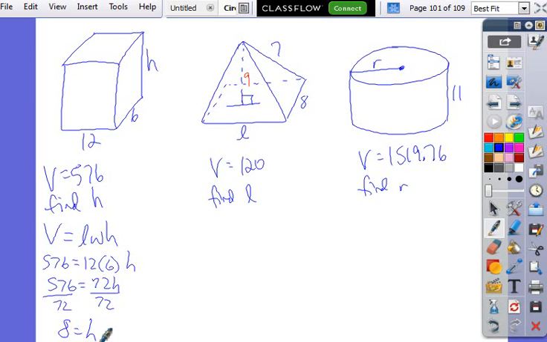All right, so when I go to the second one, what am I dealing with? Rectangular prism? Nope. Second one? Pyramid, rectangular pyramid, which is 1/3 length, width, height. Well, it tells me the volume, 120. I'm looking for the length, so I'll leave that one alone. My width and my height are which two? 8 and 9.